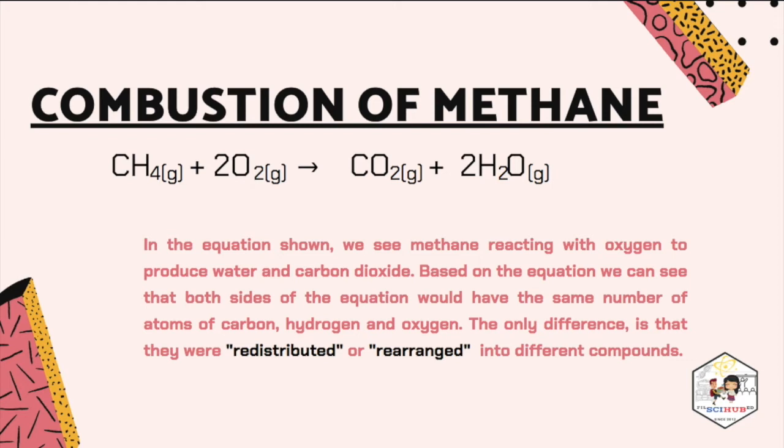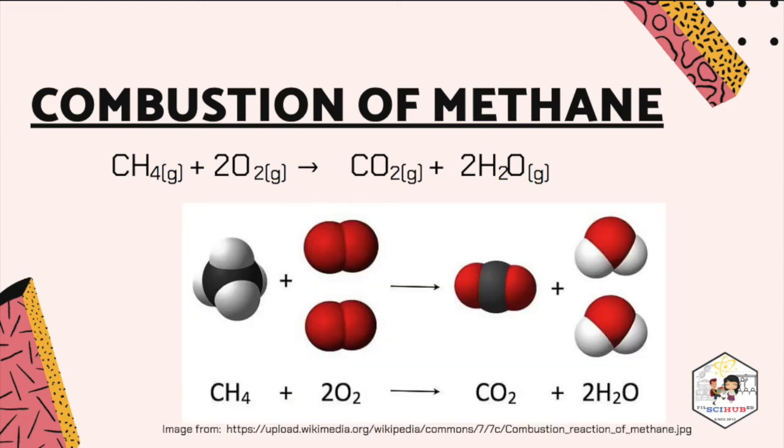We can simply see that there was no change in the number of elements and both sides had the same amounts of atoms of elements involved. Wala namang nadagdag na nitrogen or chlorine all throughout the reaction, di ba? Carbon, hydrogen, and oxygen lamang ang mga elements involved. So, we can therefore visualize chemical reactions as the rearrangements of atoms and bonds, while the number of atoms involved in a reaction remains unchanged.